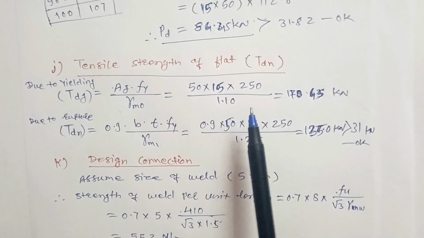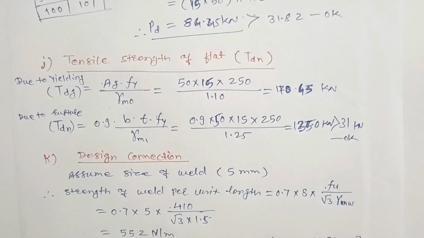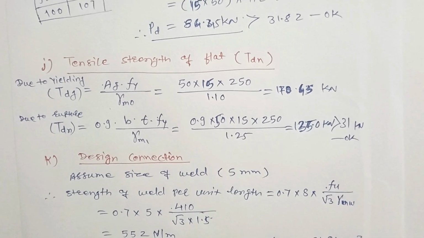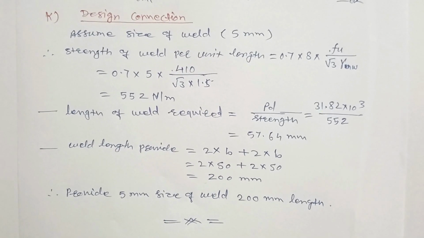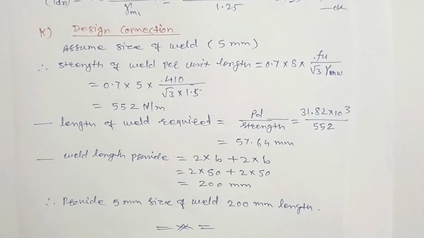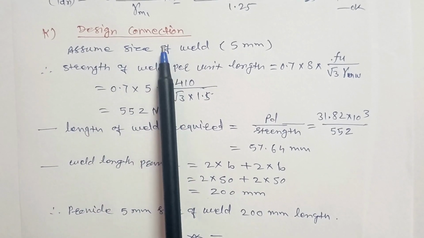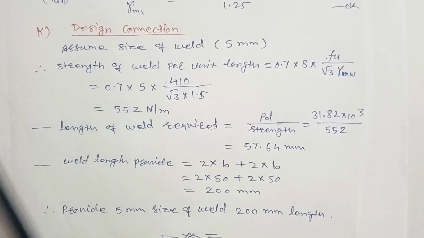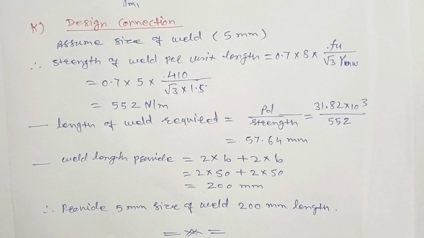So after the compressive strength and tensile strength of the lacing flat, the design of the lacing flat is completed. We have already designed the channel section and lacing flat, and now it is time for the connection design. In the numerical it is given that the connection is completed through a welding connection.